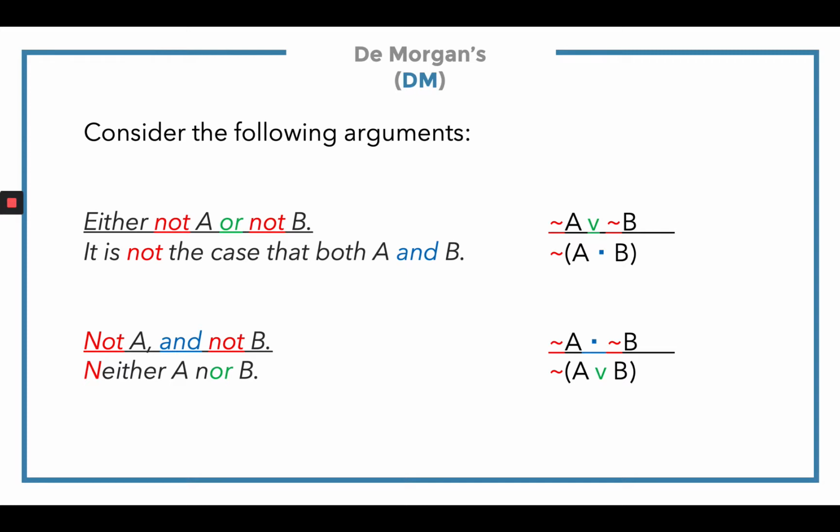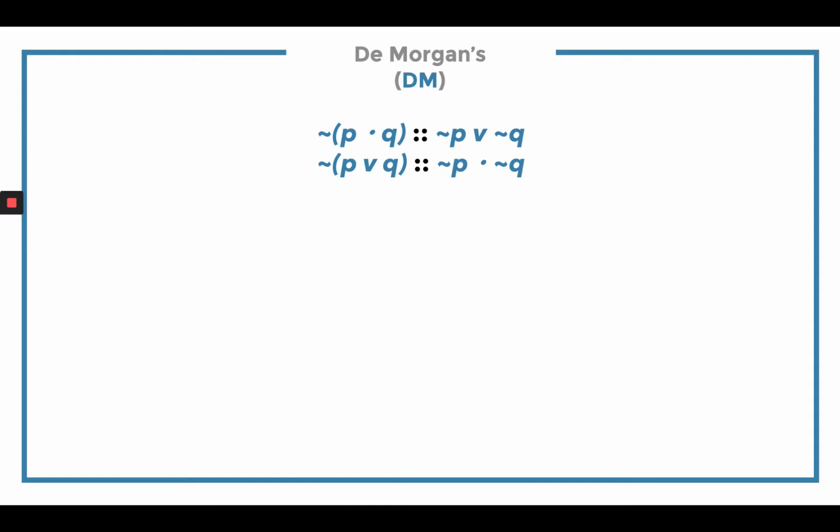So let's go ahead and look at how we might indicate the equivalence here. And what this is saying is that this statement on this side is logically equivalent to this statement on this side.